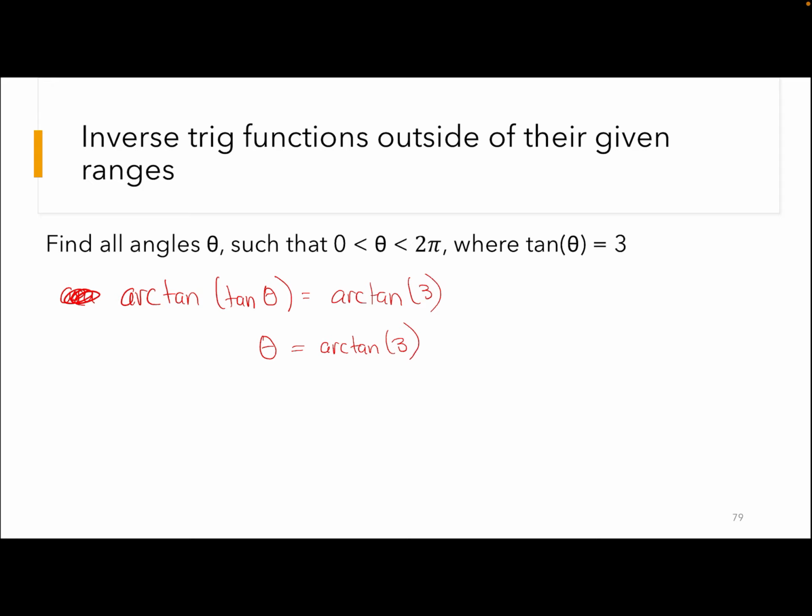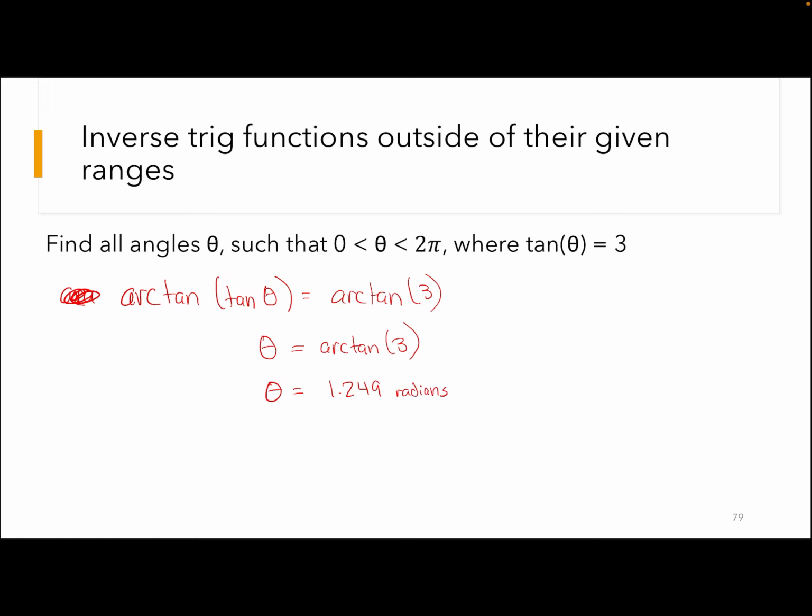Make sure your calculator goes back to radians. We're going to round this to 4 decimal places, and tangent inverse of 3 is 1.249. We're just going to put radians to know that we're not using degrees. So 1.249 radians.